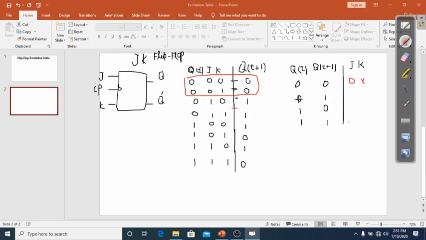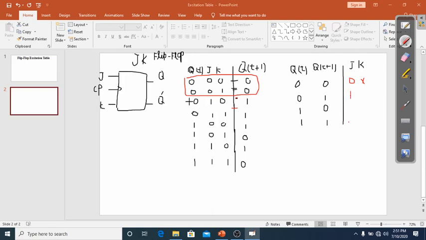When present state is equal to 0 and next state is equal to 1, in this case J is always equal to 1, and what should be the value of K?